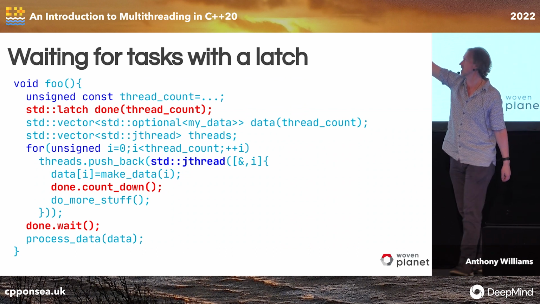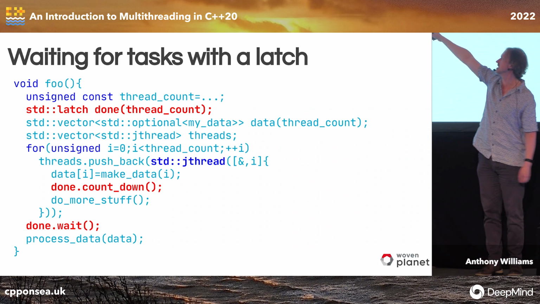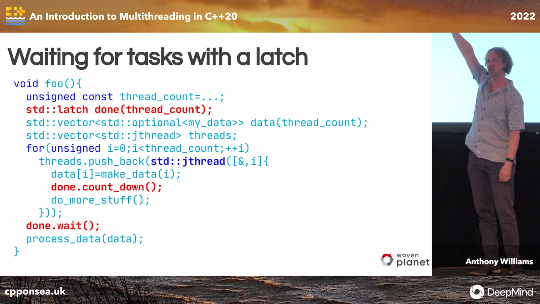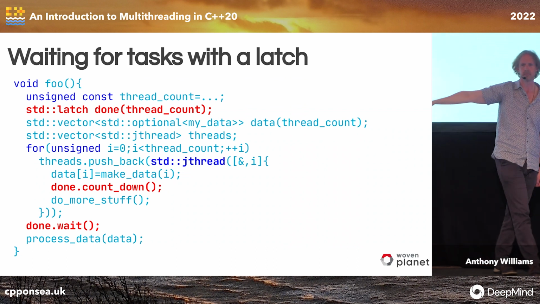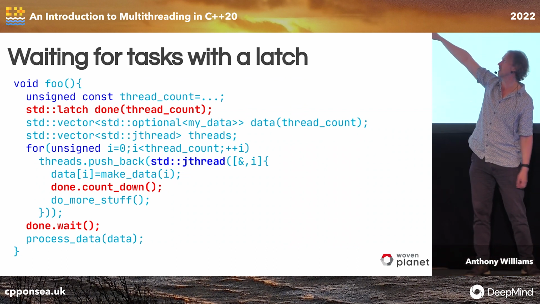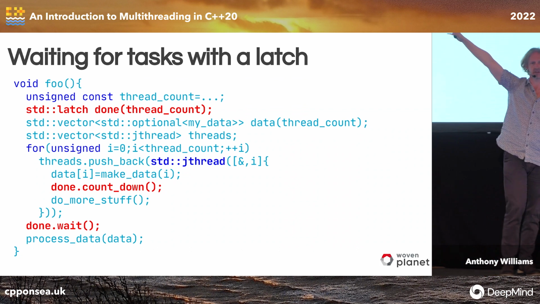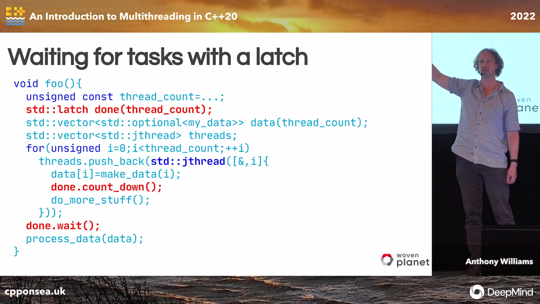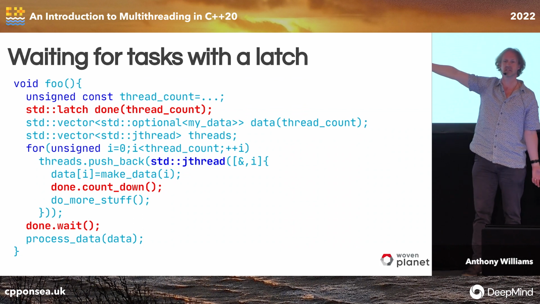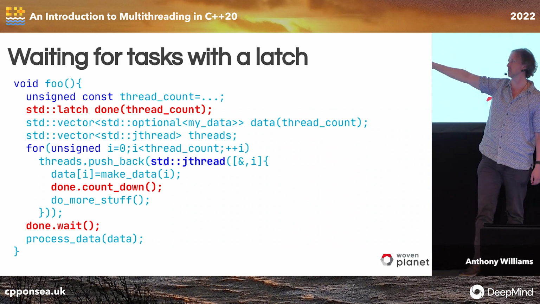So we construct our jthreads. Each of them takes the loop counter by copy, because you don't want a reference to your loop counter, otherwise you've got a data race. But other than that, we want to hold it by reference so that we can access the data vector. And we're going to construct the data for this thread, the particular block of data that we're processing here.